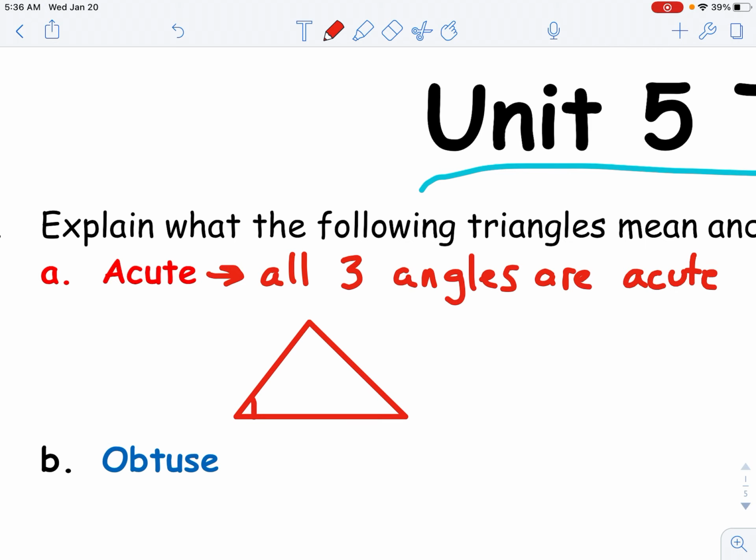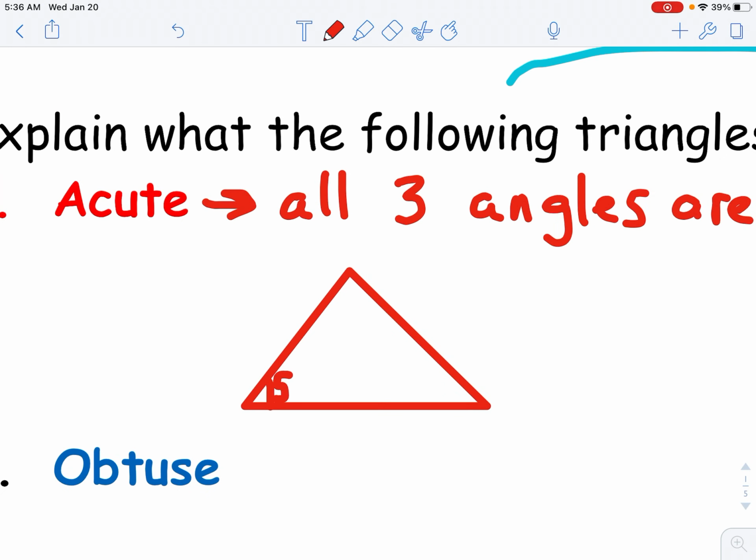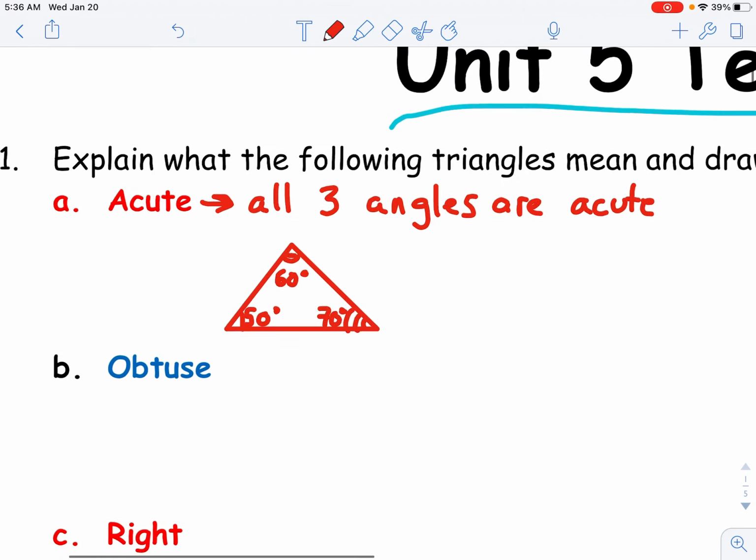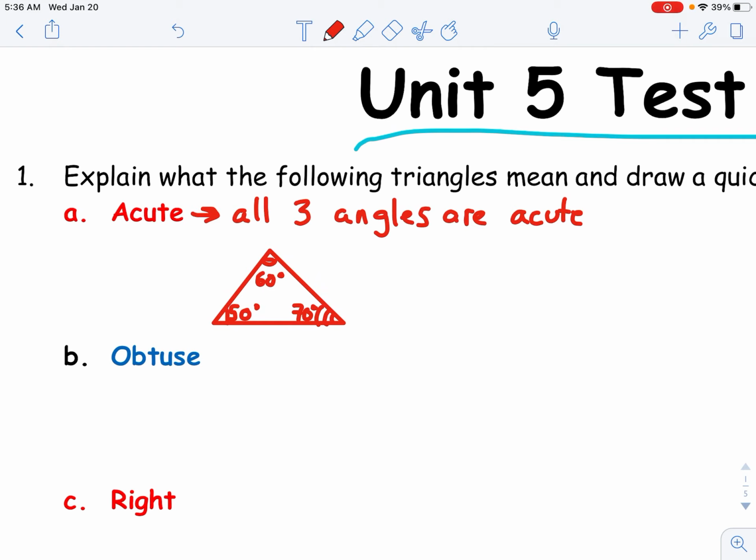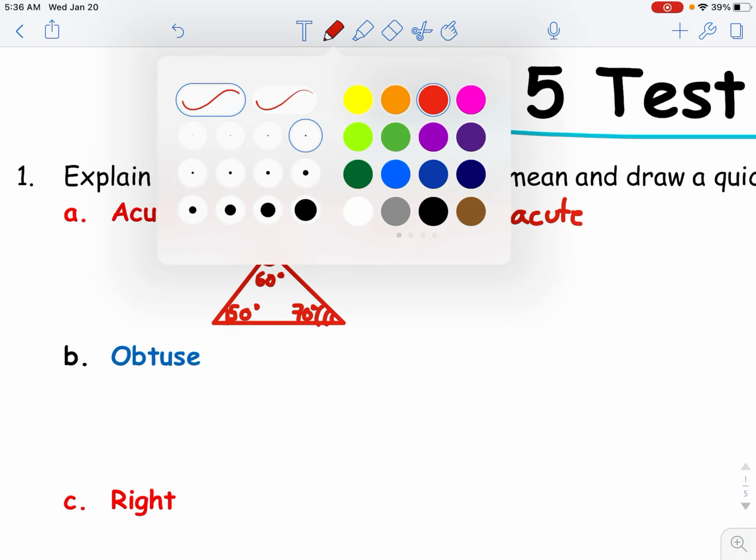Where I'm just going to make these up, but this is like 50, this is 60, and this is 70 degrees. Every angle measure is different. Or, time out, they don't all have to be different, but they all have to be less than 90 degrees. Right? So that's acute.